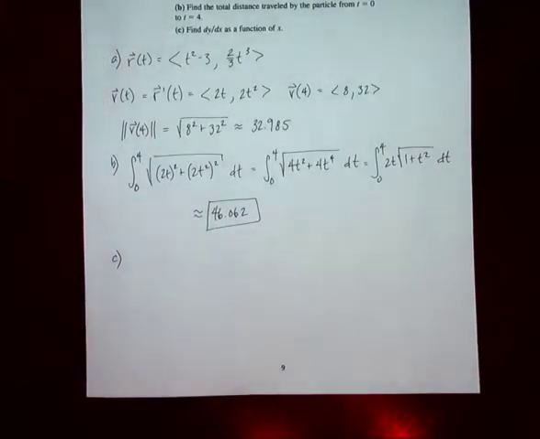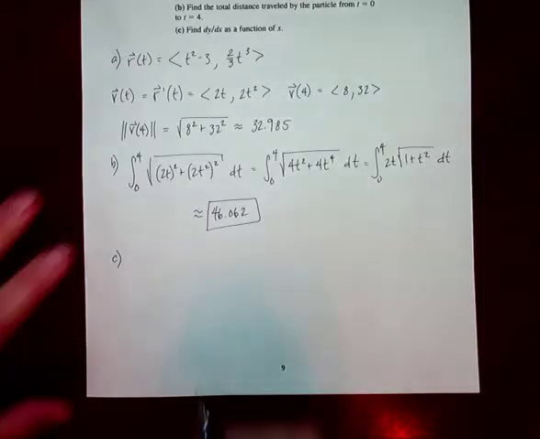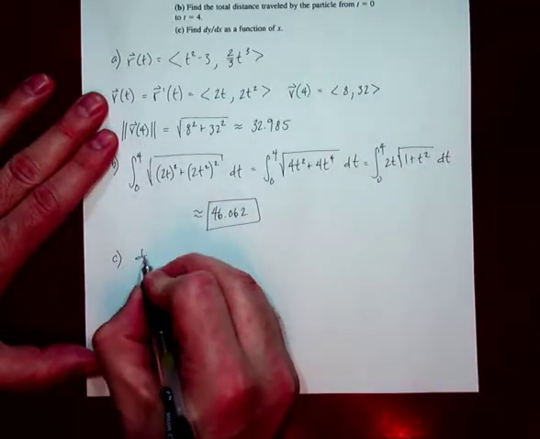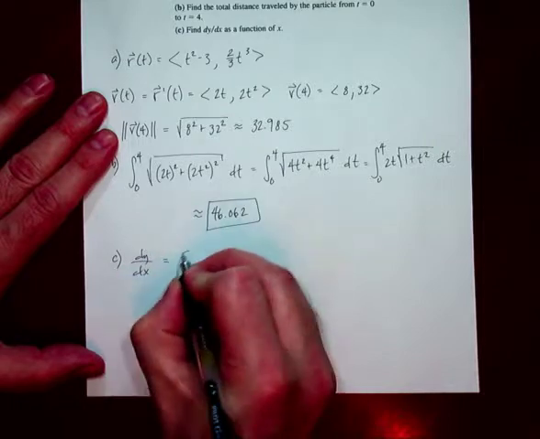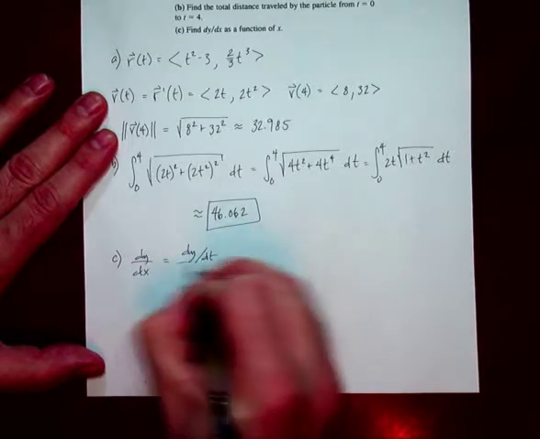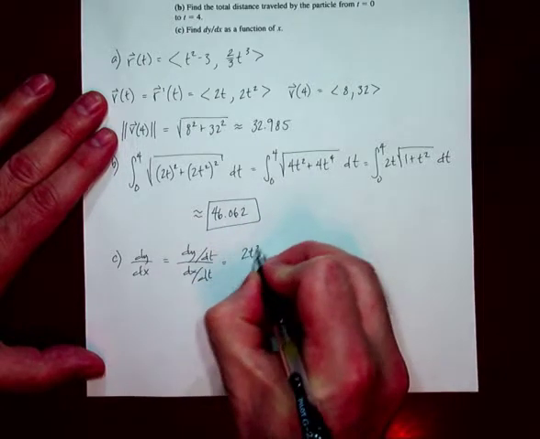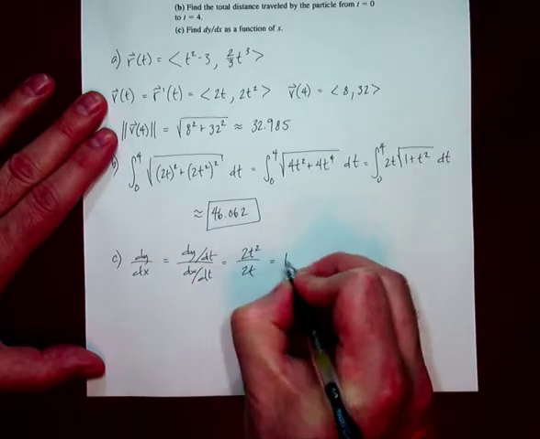Now the last part says find dy/dx as a function of x. We've already found the velocity vector, which means we found dx/dt and dy/dt. So for dy/dx, I simply need dy/dt over dx/dt, and that's 2t squared over 2t, or just t.